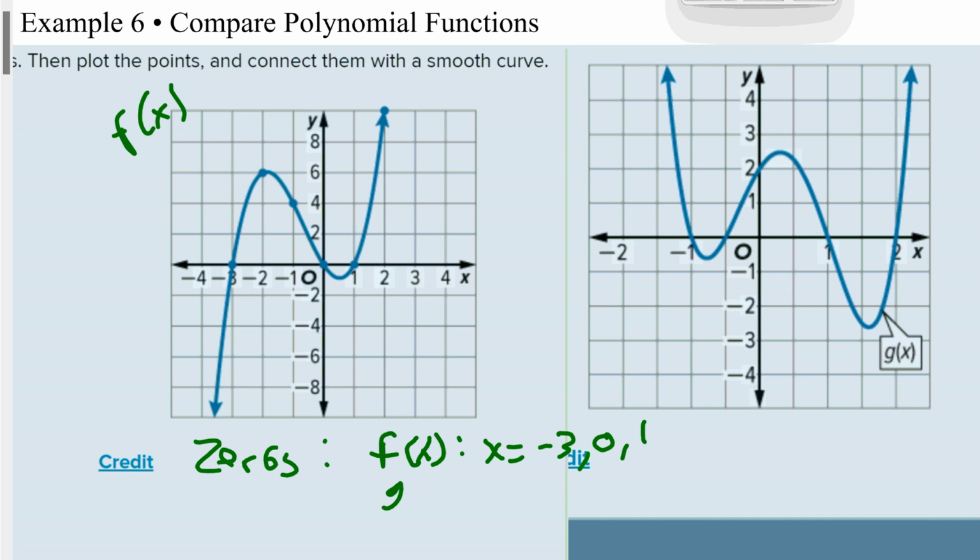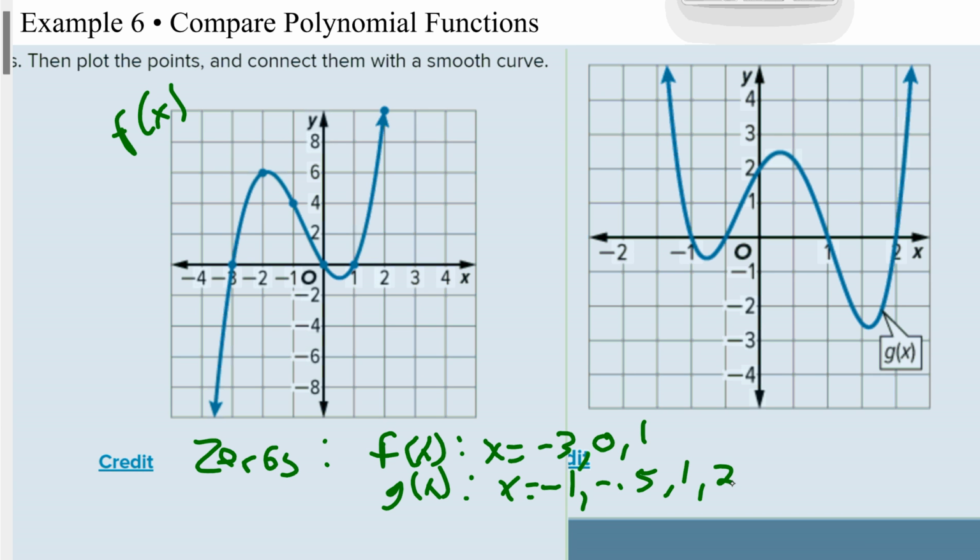And for g of x, those zeros are maybe like -1. Looks like they're counting by halves, so -1/2, 1, and then at 2, right? So I can compare those zeros.